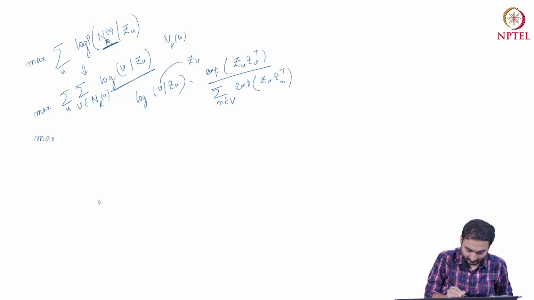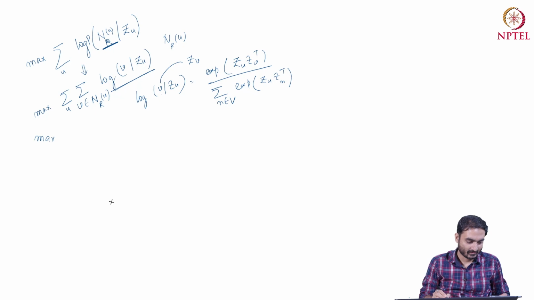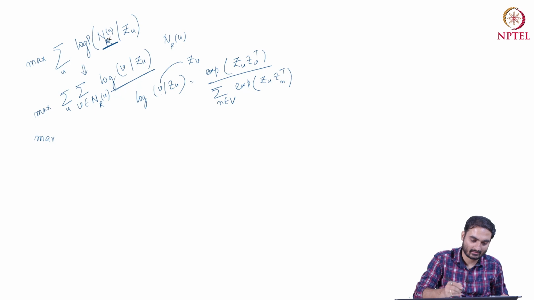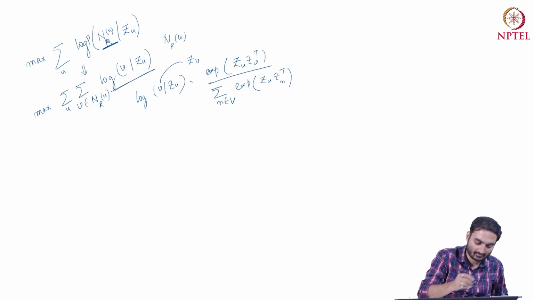So, what is our final objective function? This is max. Generally we minimize, so maximizing this is the same as minimizing the negative of this.